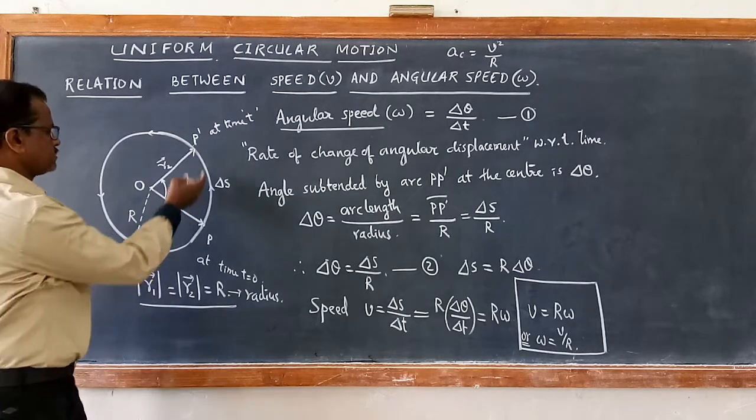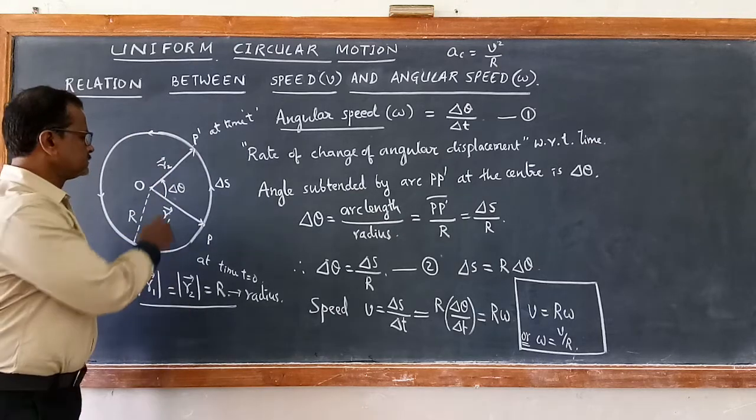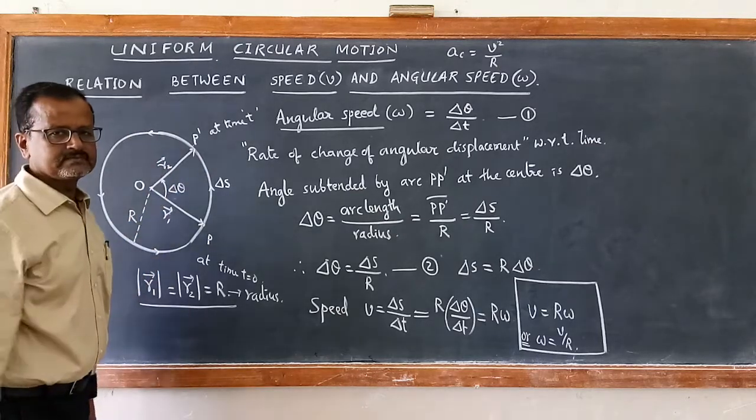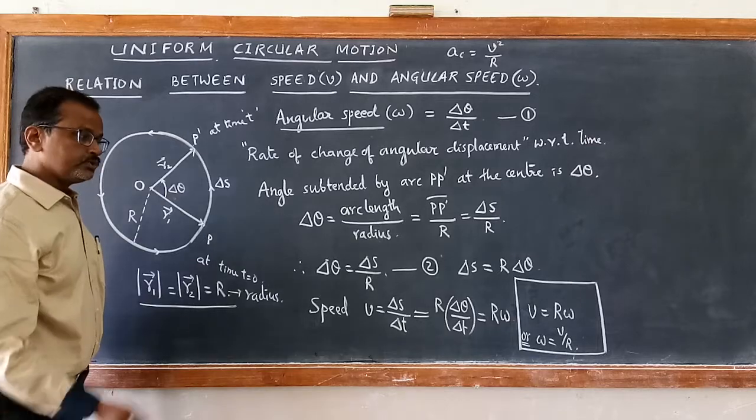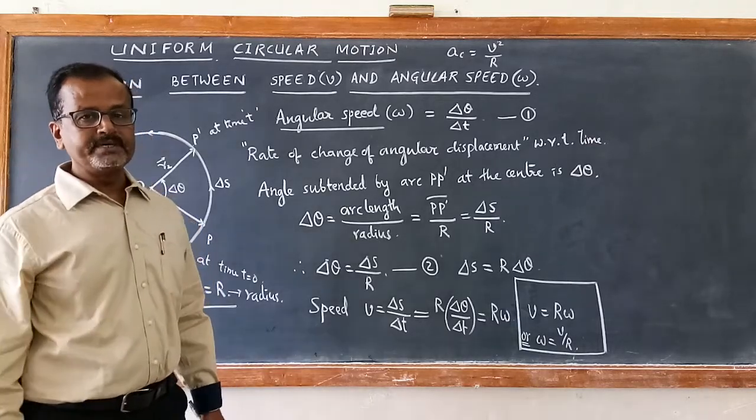The total distance covered by the object in one complete revolution is 2 pi times the radius, 2 pi r. So using that equation also we can define what is linear speed.